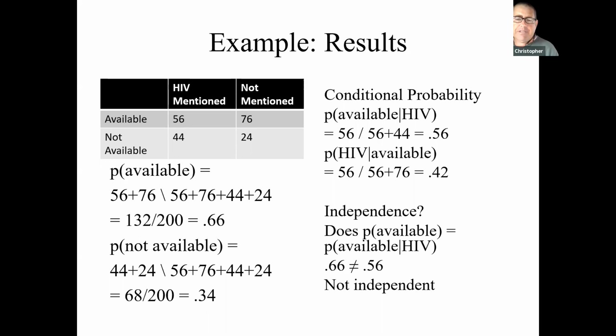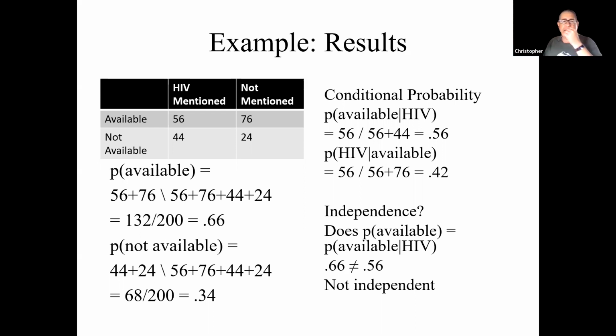All right, so a couple of ways to calculate things here. First, if we're interested in the probability of a rental being available overall, we can see we have a table here where it breaks it down when HIV is mentioned, HIV not mentioned.